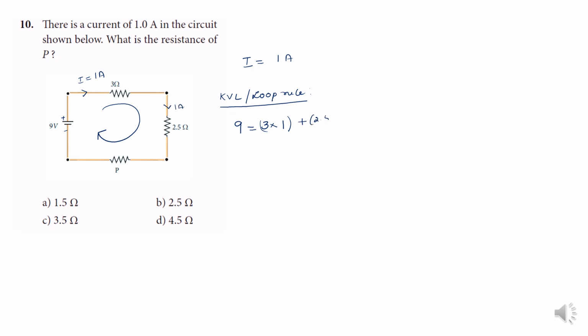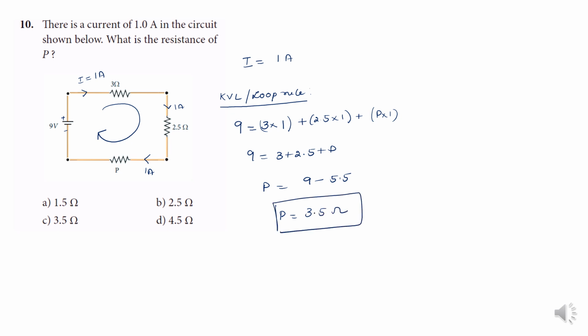So 2.5 into 1 plus this 1 amps flows through the unknown resistance P. So this is P into 1. So 9 is equal to 3 plus 2.5 plus P. P is equal to 9 minus 5.5. So P is equal to 3.5 ohms. Option C.